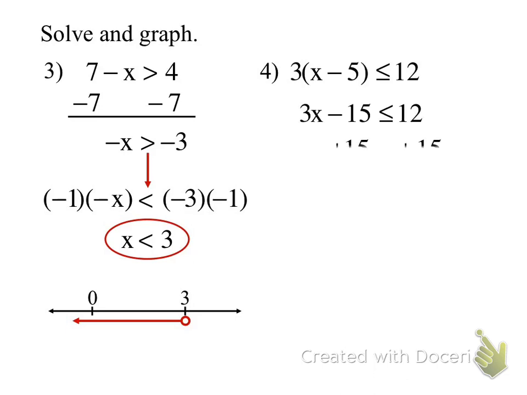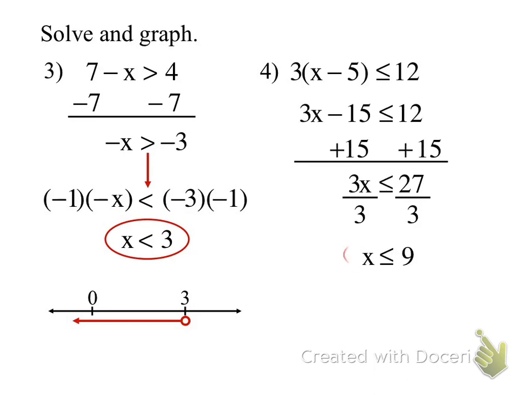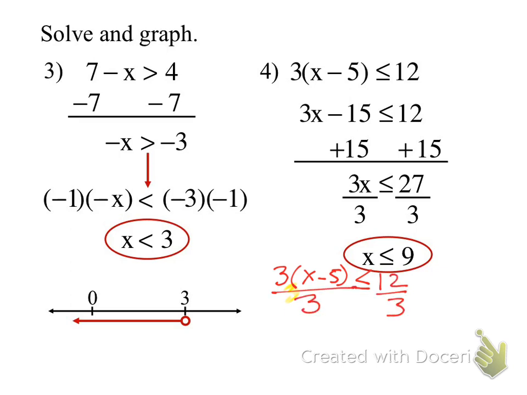So we can distribute and then divide. But we also could have done this. If I have 3 times x minus 5 is less than or equal to 12, I could have divided both sides by 3 right away.